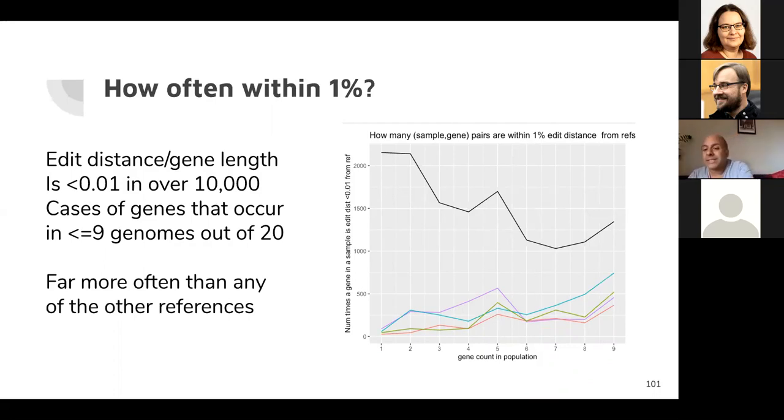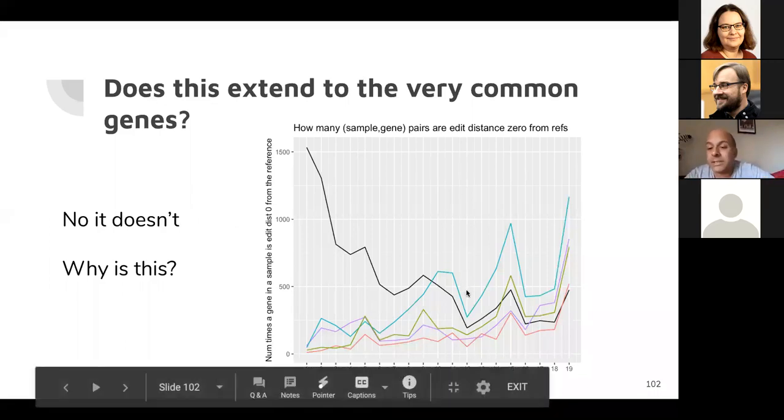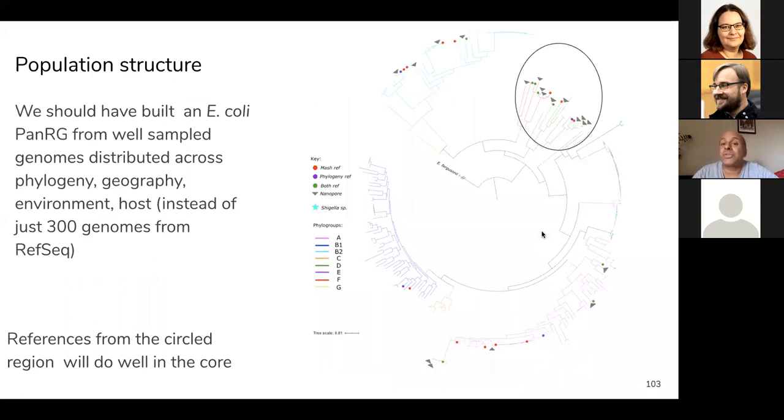But you'll notice that I seem to be cheating. I've restricted to gene counts less than 9. If I zoom out and say, does it apply to the really common genes? Well, no, it doesn't. So over here, once I get over here, Pandora's reference is over here in black, and some of these other references are now doing better over here on the right. So what's that about? That is about population structure.